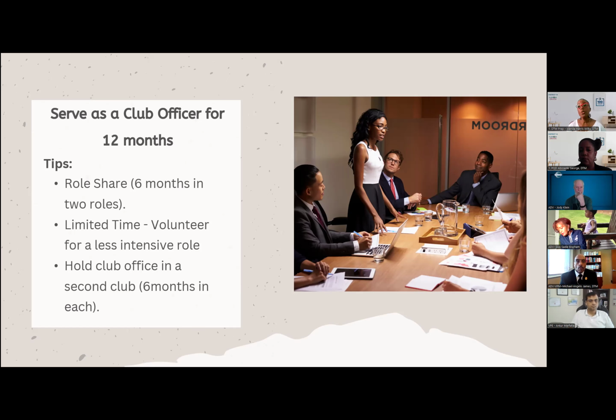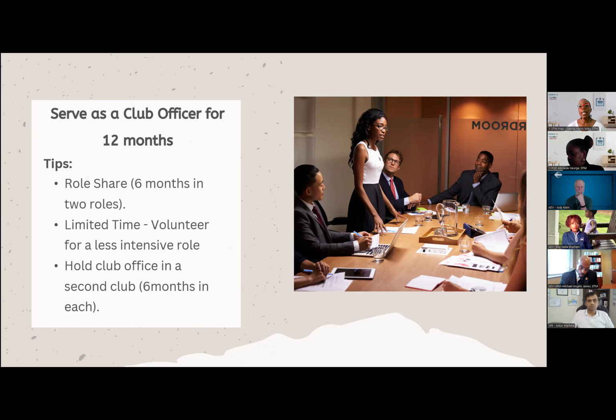You don't have to do the same role for the entire year. Maybe one role that you choose is less intensive. And when I say less intensive, I mean your workload might not be as much. The VPE has a lot to do, but maybe being the Sergeant at Arms has a lesser intensive responsibility, and you could swing that for 6 months and maybe be VPE for 6 months.